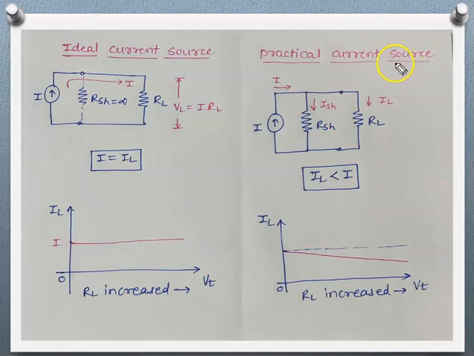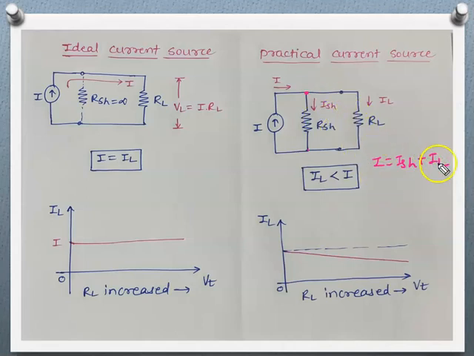In case of practical current source, the RSH is connected between these 2 points, as it is the internal resistance of the source itself. So the current flowing through the circuit when the load is connected gets distributed at this point into these 2 branches. Here ISH and this is IL. So I will be ISH plus IL.